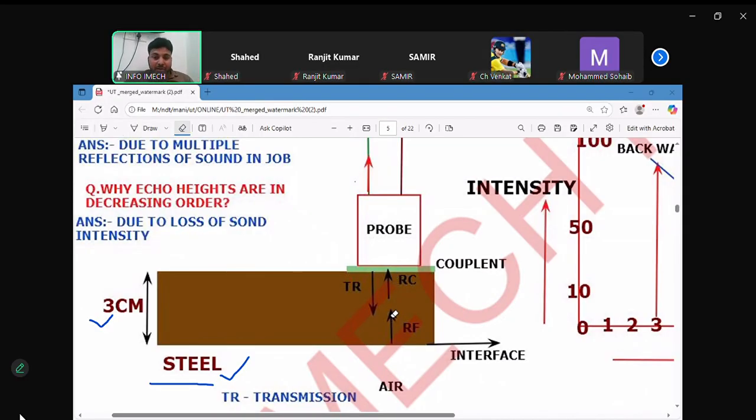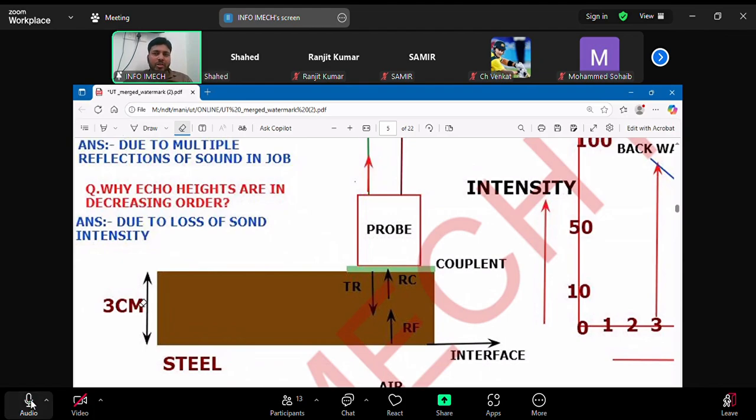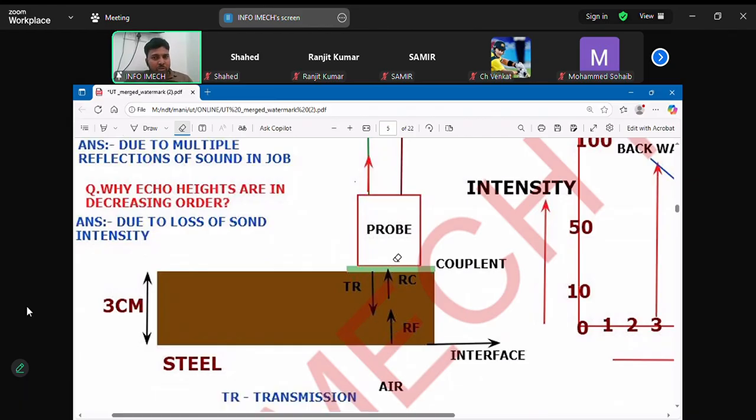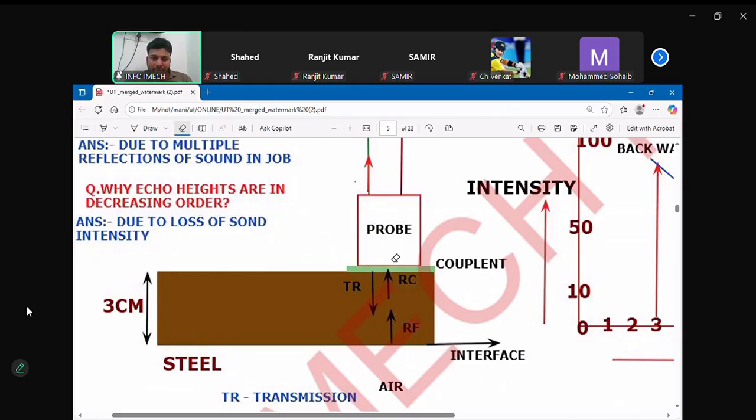The reflected sound will be received by the probe, and it will inform the probe at what distance the sound is getting reflected. From what distance? 30 mm, or 3 centimeters. So when the probe receives this reflected sound, it is informed that it is 3 centimeters.